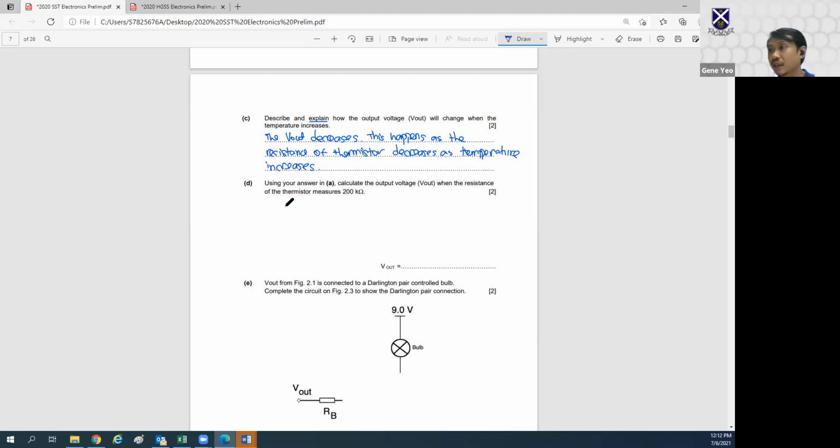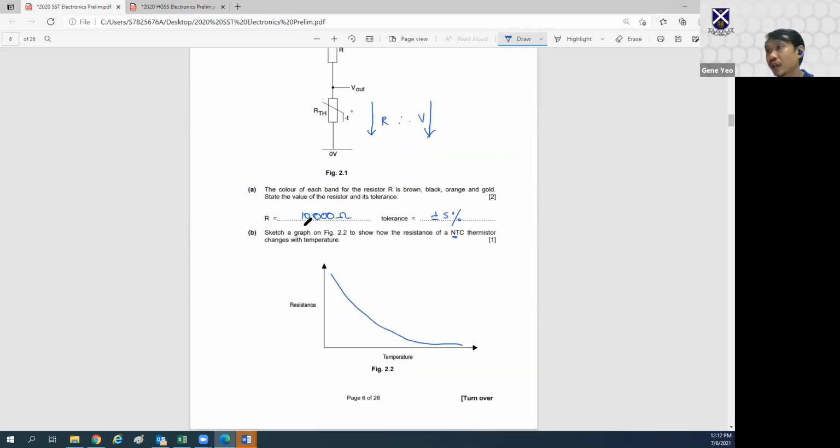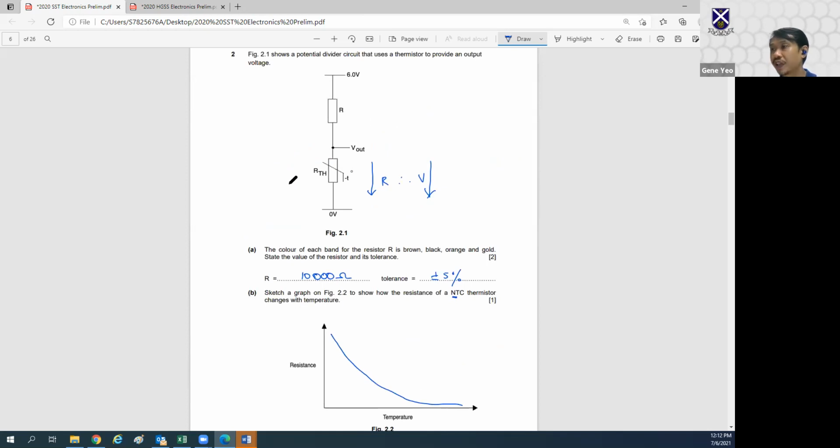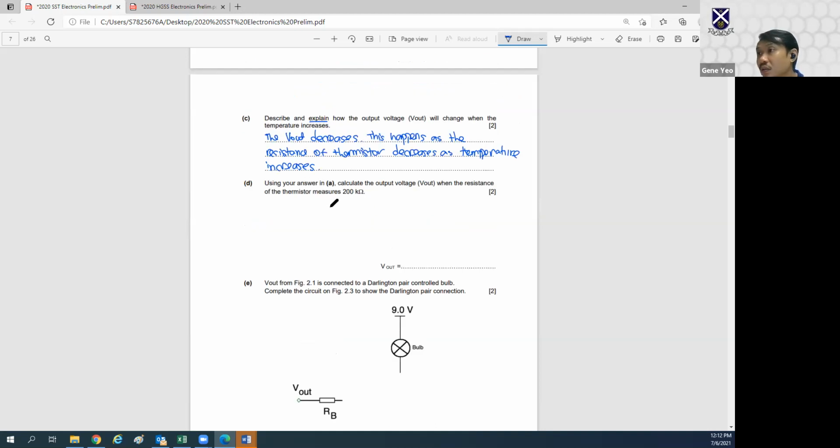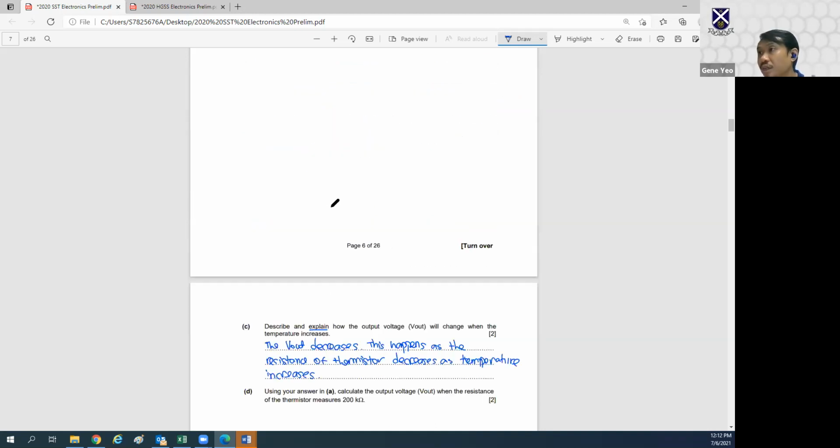Okay, part D. Calculate the Vout when the resistance of the thermistor measures 200K. So Vout is over here. This is 200K, when the resistance of the thermistor is 200K.